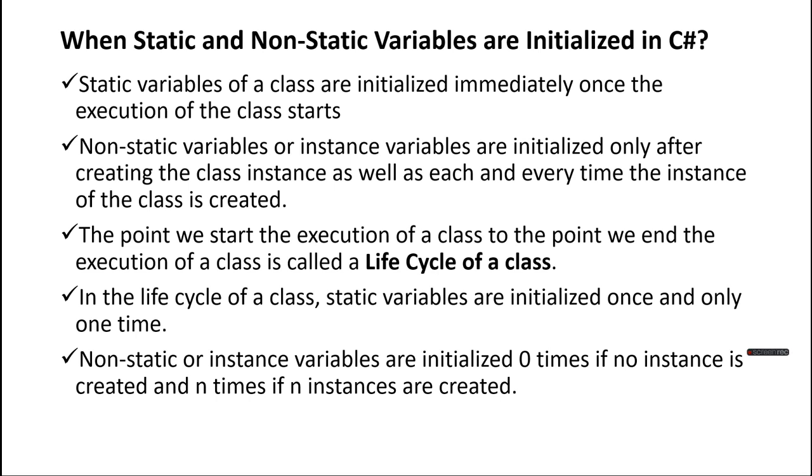In the life cycle of a class, static variables are initialized once and only one time. Non-static or instance variables are initialized 0 times if no instance is created and n times if n instances are created. So in short, static variables are initialized only once and non-static variables are initialized multiple times.